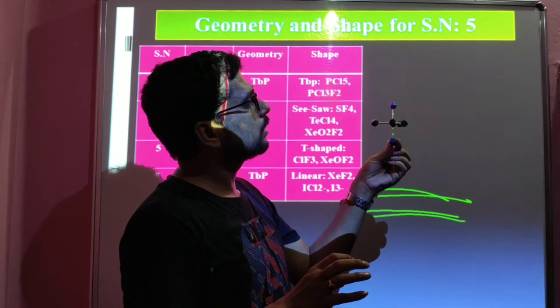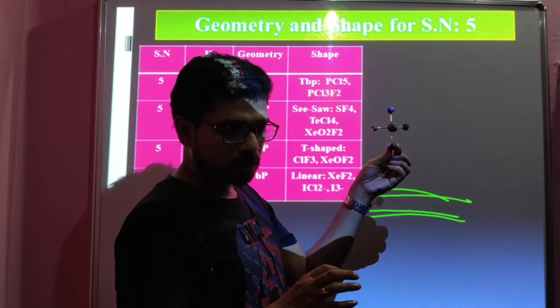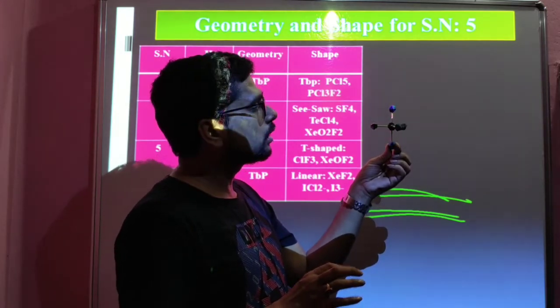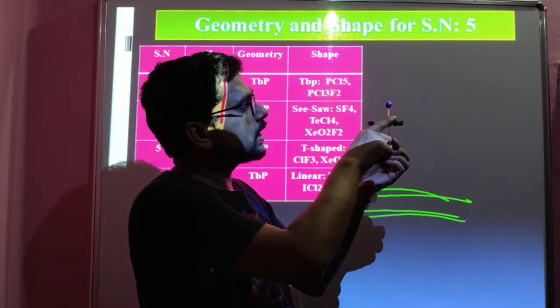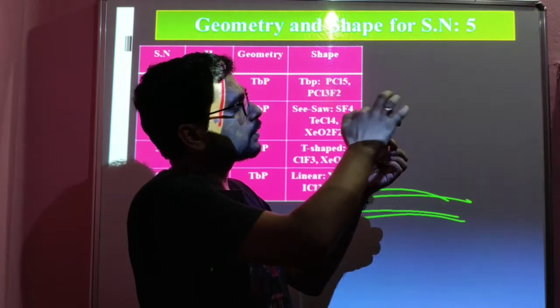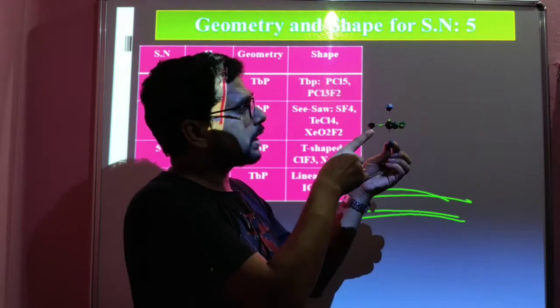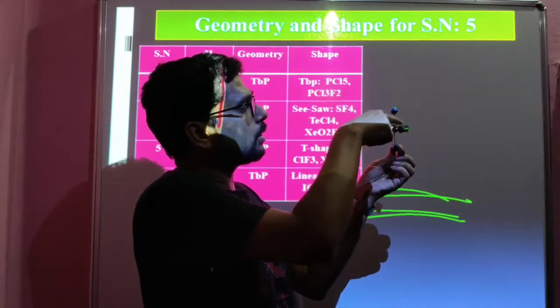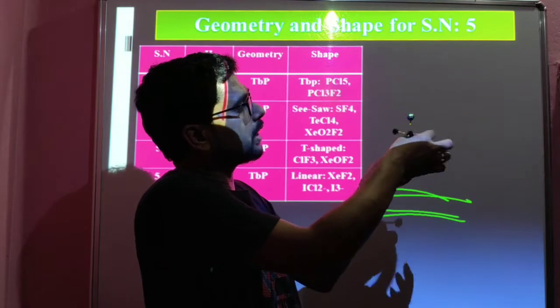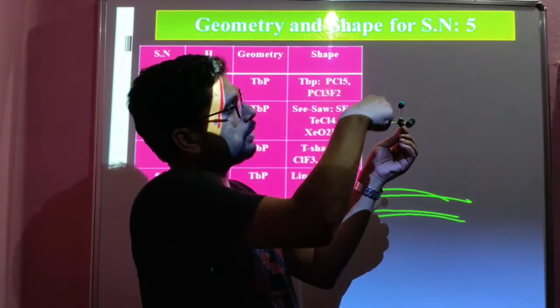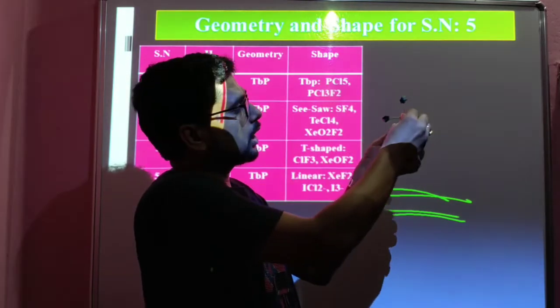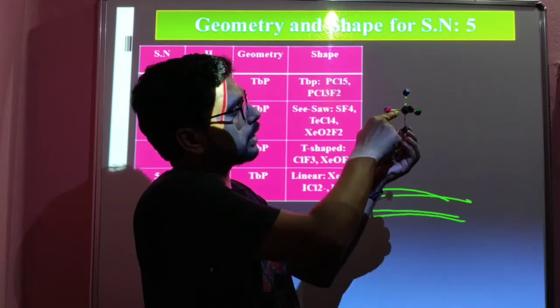Look carefully. I think you can see that. P, Cl, Cl, Cl. Okay. This is trigonal plane. Why is it trigonal bipyramidal? Because this is trigonal plane. From here one pyramid, from here one pyramid, and from the bottom one more pyramid.